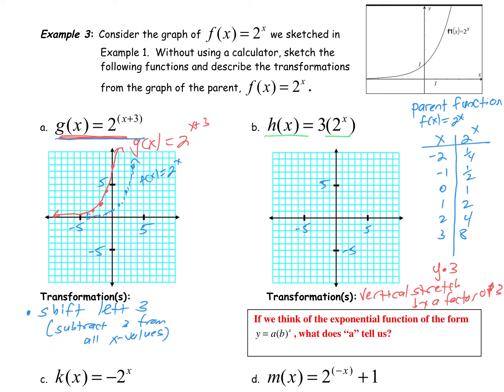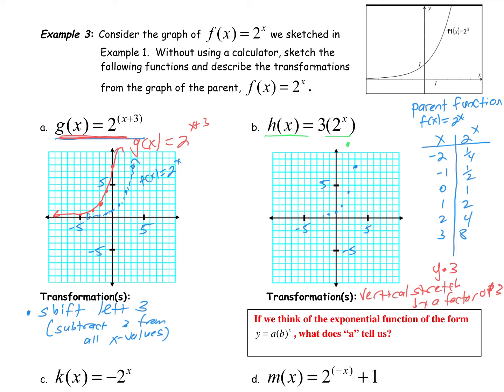So here are the points on the parent function. I'll do those in blue. So 0, 1, 1, 2, 2, 4, 3, 8, -1, 1/2, -2, 1/4. And now I'll plot h of x in green, and I'll multiply all those y values by 3. I can't do 8 times 3 is 24. That's not going to fit. 4 times 3 is 12, so I'll just approximate that.